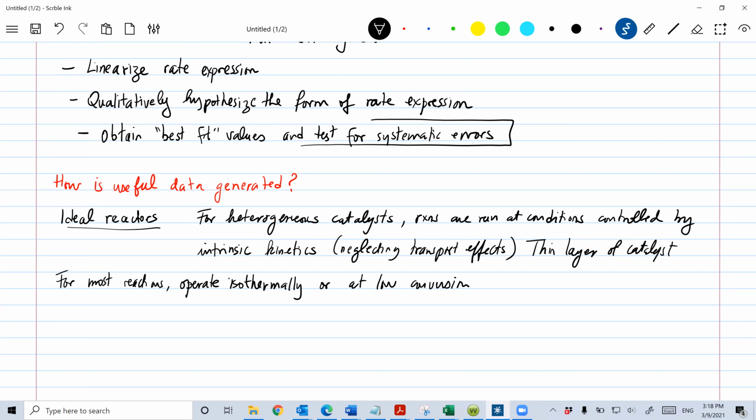If you operate at low conversion, then heat generation, as in endothermic or exothermic, can be minimized. So these are some of the ways you would go about generating useful data. Okay.